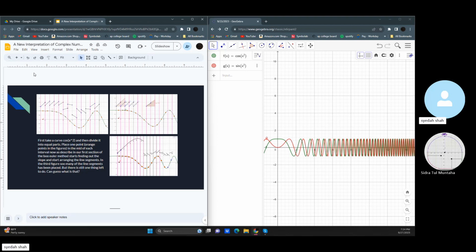Now, as described in our first section on the Euler method, start finding the slope and start arranging the line segments. In the third figure, so many of these line segments have been placed, but there is still one thing left to do. Can you guess what this is?